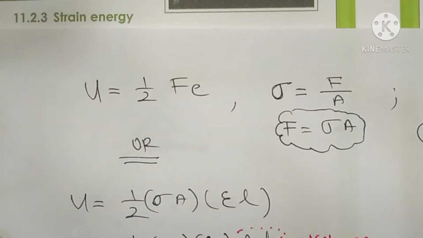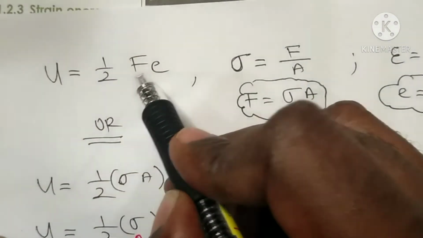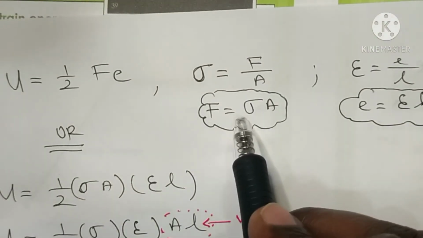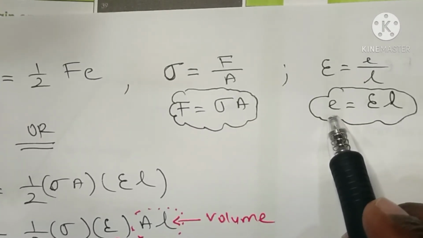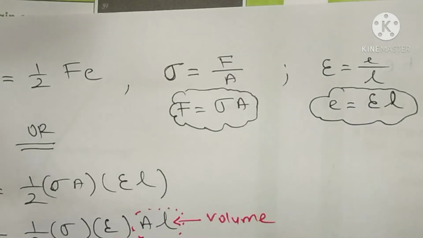to find the strain energy by eliminating the force and extension, where force equals stress times area and the extension equals strain times the original length.